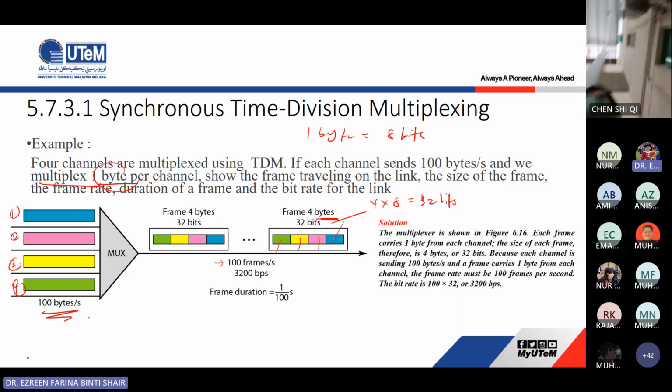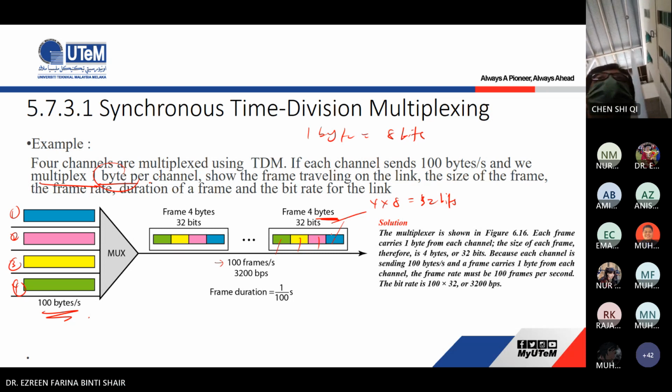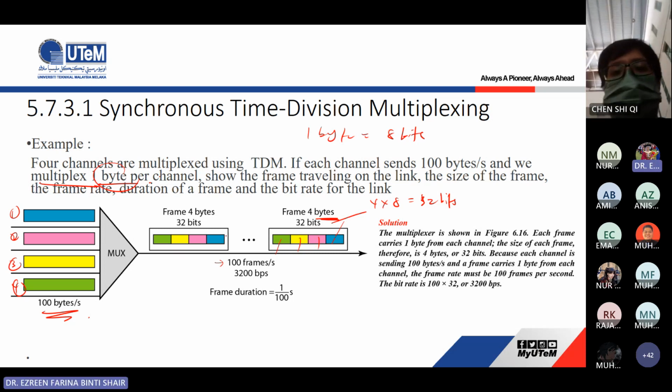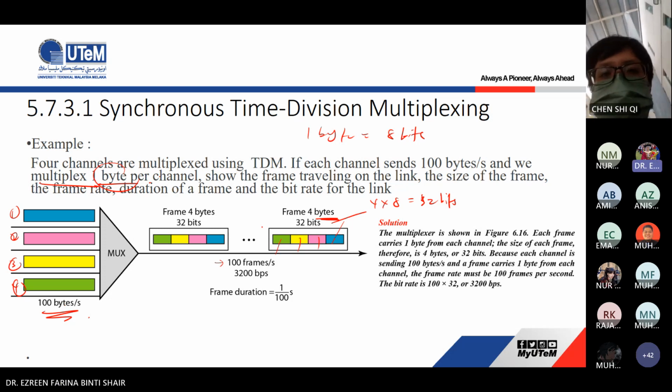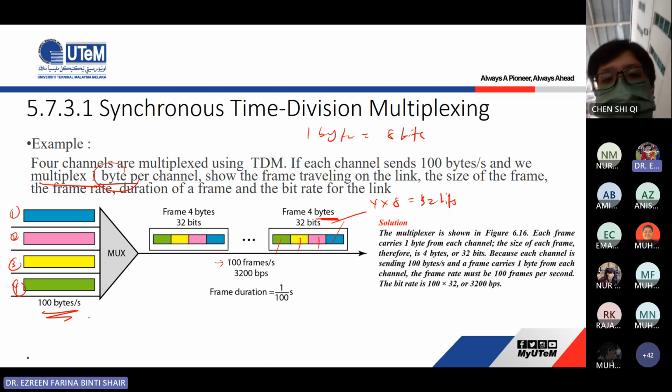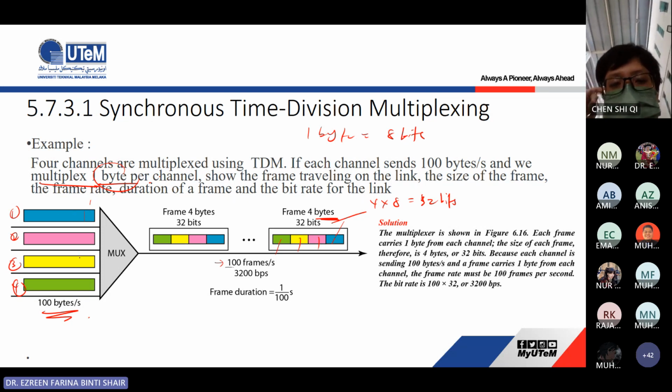You know that each frame consists of 1 byte from each channel, and over here you have 100 bytes per channel. So how many frames do you need in 1 second? Of course, it is 100, because in one frame you only send 1 byte. So the frame rate equals 100 frames per second.